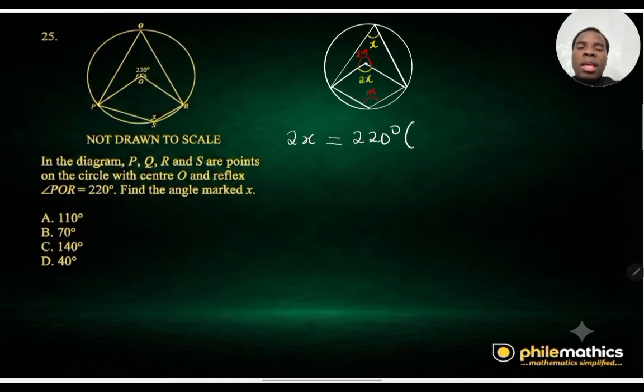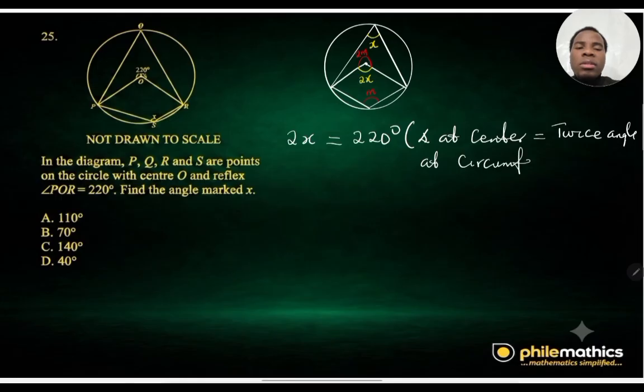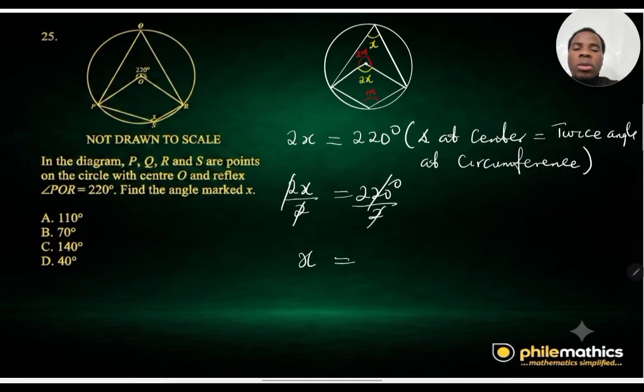This is angle at center equals twice angle at circumference. So to find x, divide both sides by 2. So that our x will be 110 degrees.